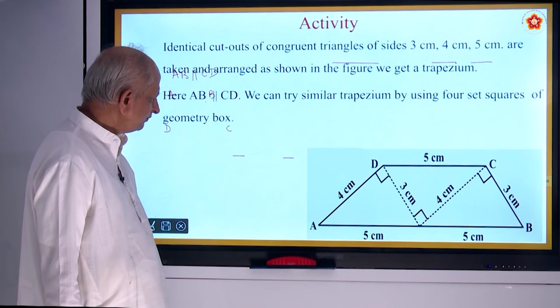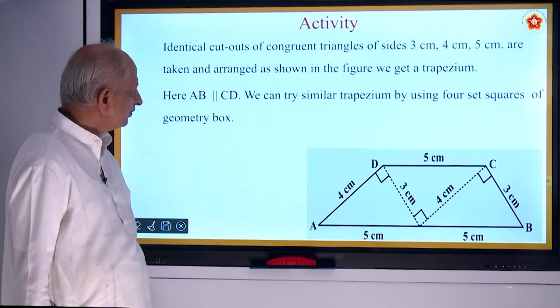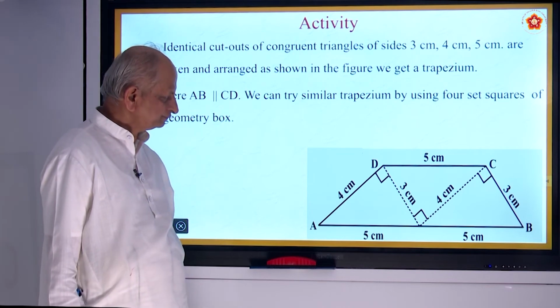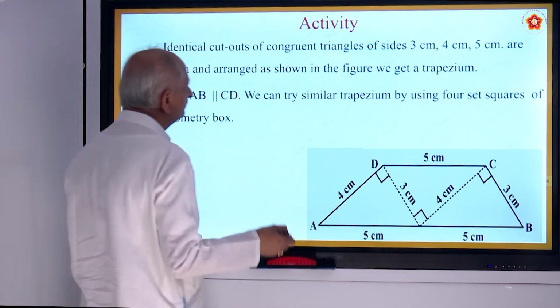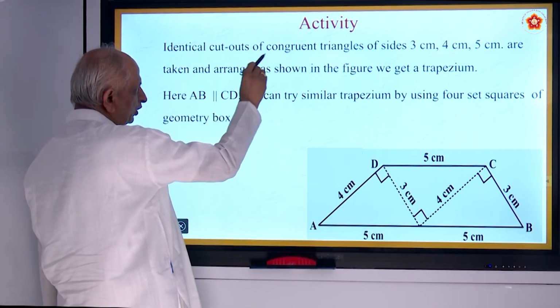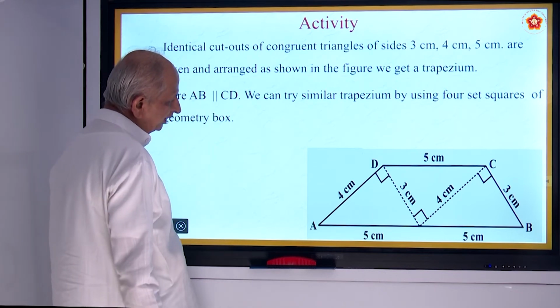Okay. Now, coming to the properties, one activity we have to do. So, here is a trapezium A, B, C, D, right? Identical cutouts of congruent triangles of sides 3, 4, 5.